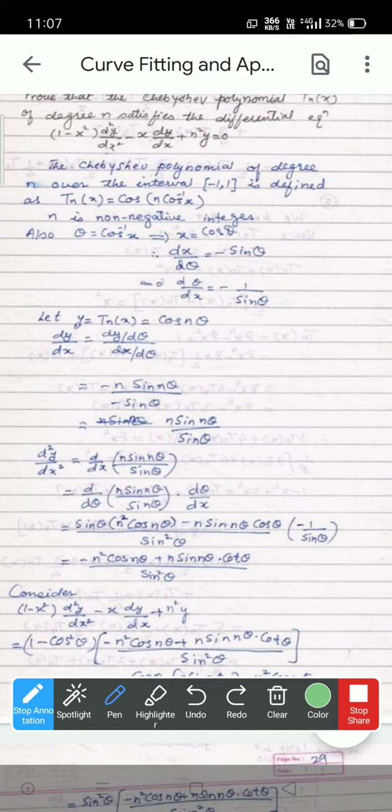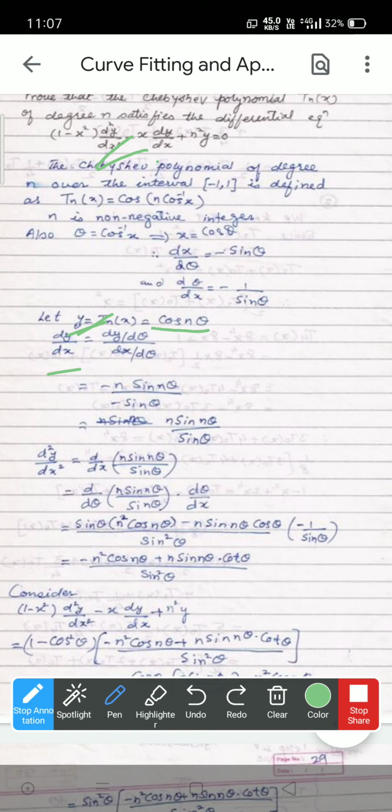Now dy by dx. Dy by dx is the same as dy by d theta divided by dx by d theta. So dy by d theta: differentiate this with respect to theta.